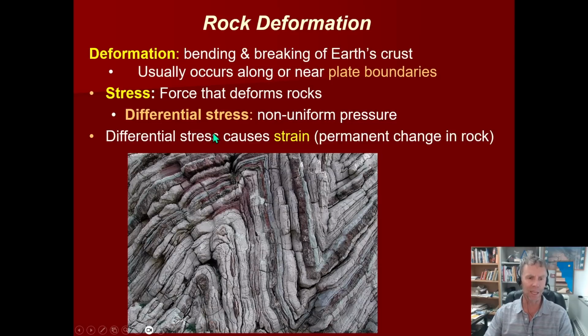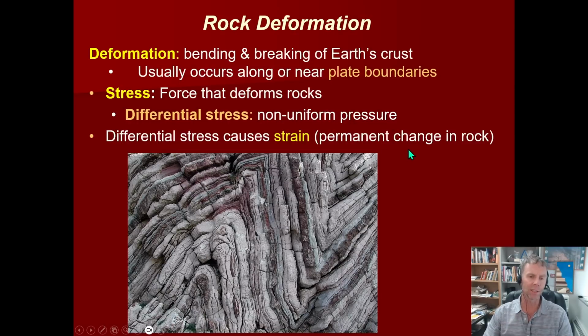So a fun little saying in geology is that stress causes strain. The force exerted on the rocks can permanently change the rocks such that those rocks are strained. If you look at this photo, these are some layered sediments. These sediments have now been folded, so stress has been exerted on them to the point that they've changed their characteristic, or in this case, their orientation. So these rocks have undergone strain.